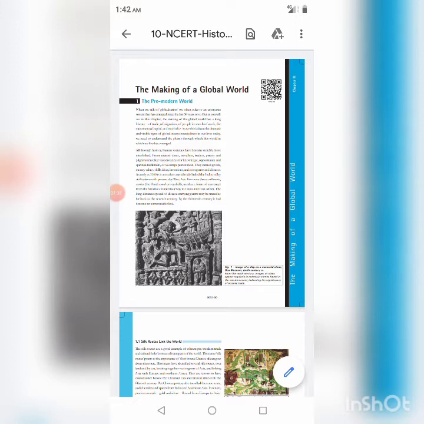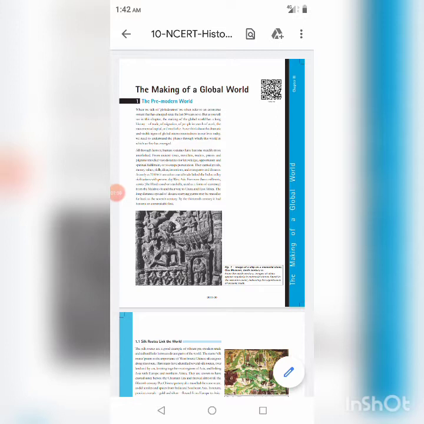From ancient times, travelers, traders, priests, and pilgrims traveled vast distances for knowledge, opportunities, and spiritual fulfillment, or to escape persecution as early as 3000 BCE.